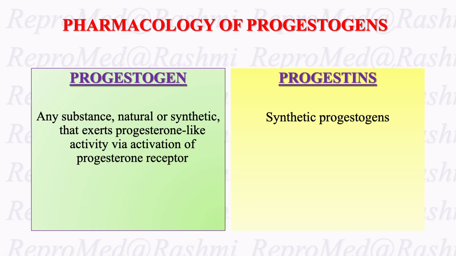Only a synthetic progestogen is known as a progestin. The main test to qualify a compound as a progestogen is its ability to induce secretory uterine epithelium following estrogen priming. So whenever we are giving estrogen, if any substance induces secretory changes in the uterine epithelium, that means that compound is a progestogen.